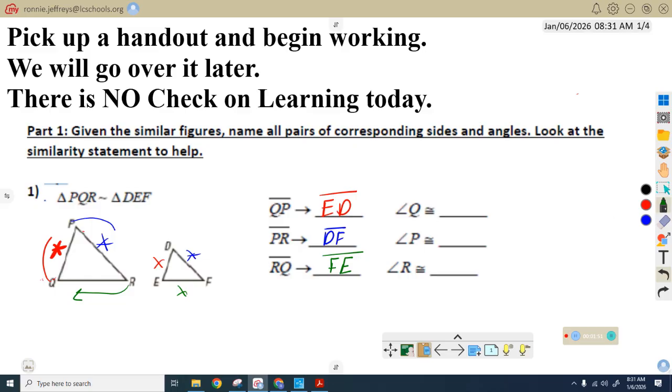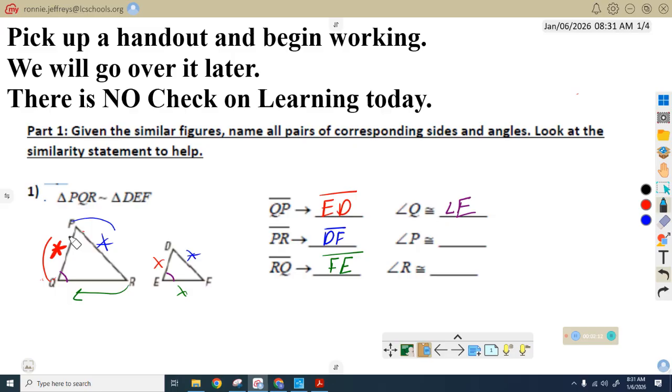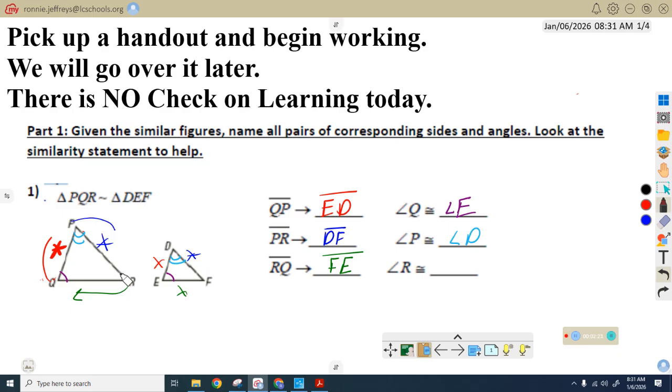Now, angle Q is congruent to angle E. Angle P is congruent to angle D. And angle R is congruent to angle F. Alright.